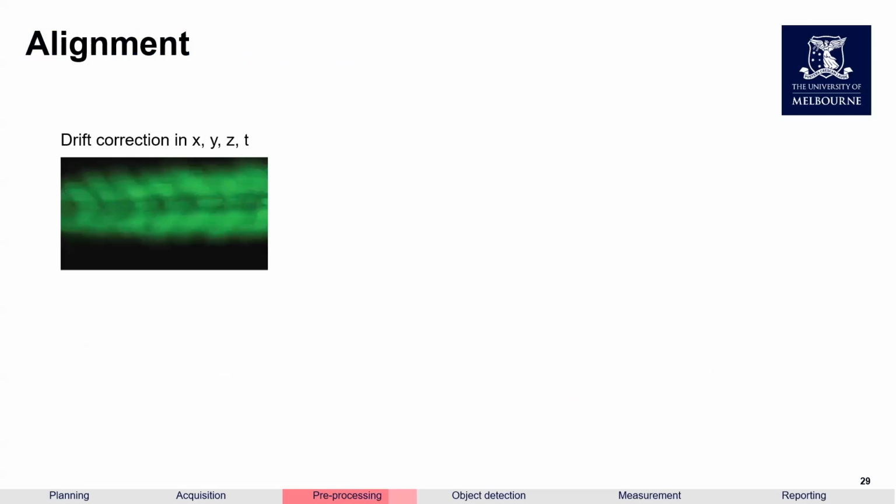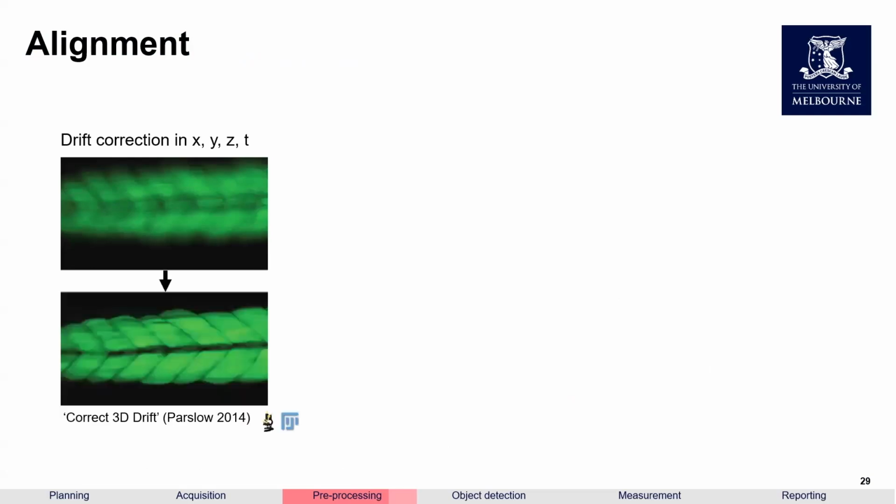Another type of artifact is image misalignment. This type of misalignment can occur in multidimensional data, mainly due to sample drift or stage movements over time. So this must be corrected before detection or any measurement.